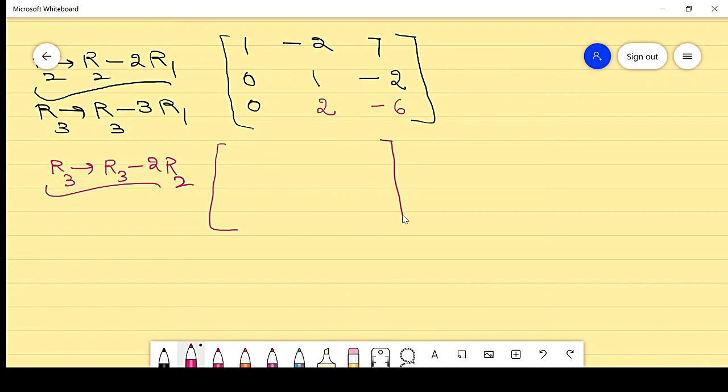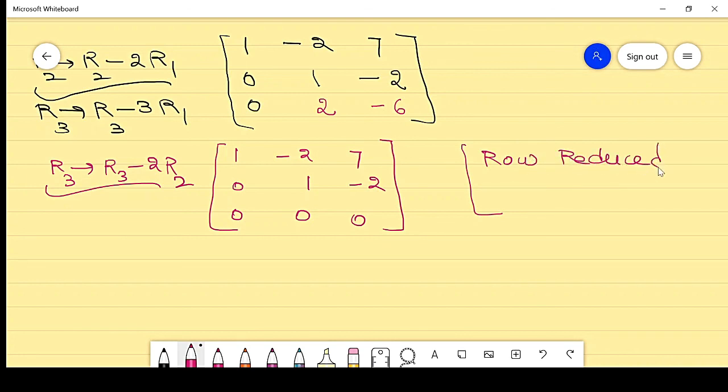So this will become 1, minus 2, 7, 0, 1, minus 2, 0, 0, 0. So this is the row reduced echelon form of B dash. B dash means transpose of B.